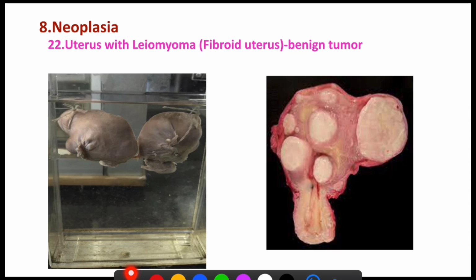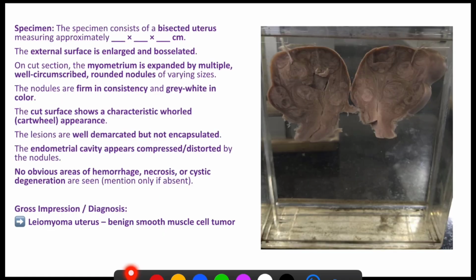Now what is fibroid? It is a smooth muscle tumor which is benign in nature, called leiomyoma. So myoma, the oma suffix is always for benign tumor. Some exceptions are there, but here it is a tumor of uterine smooth muscle, leiomyoma or fibroid of uterus.